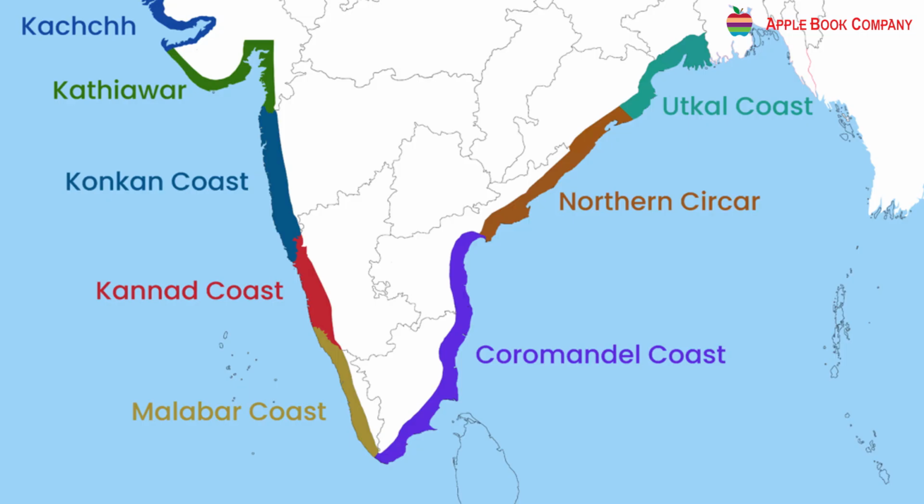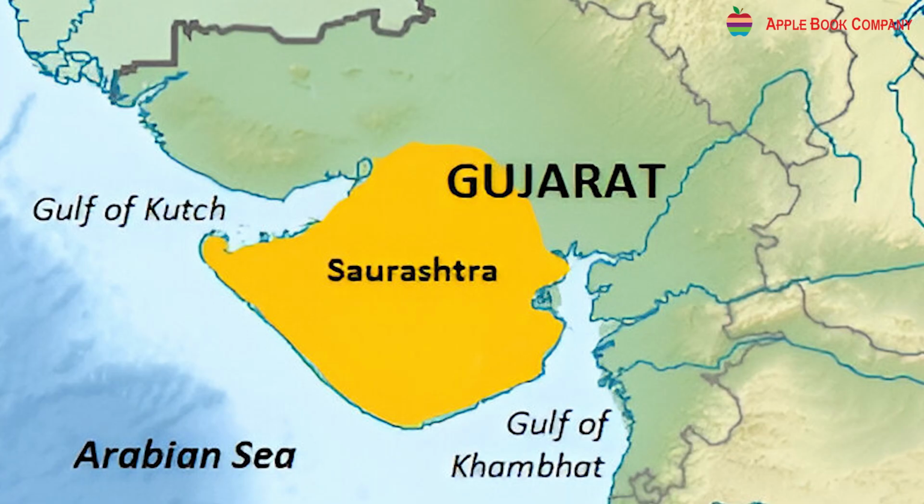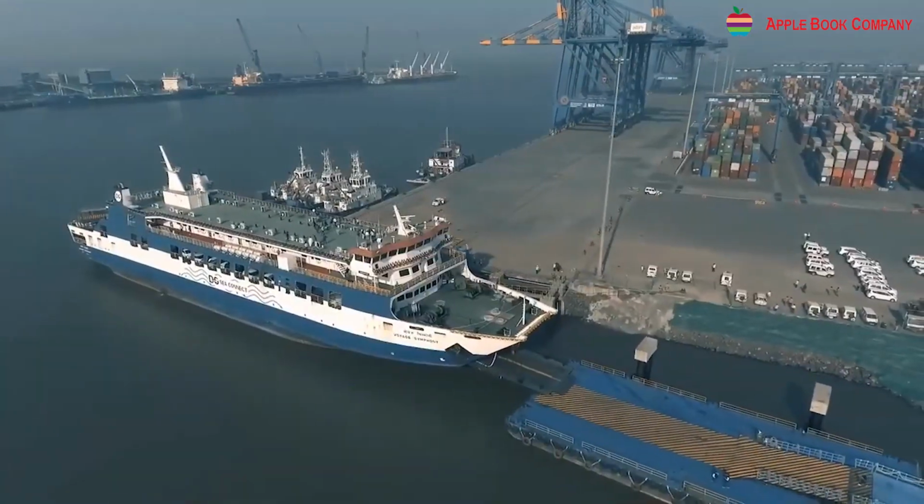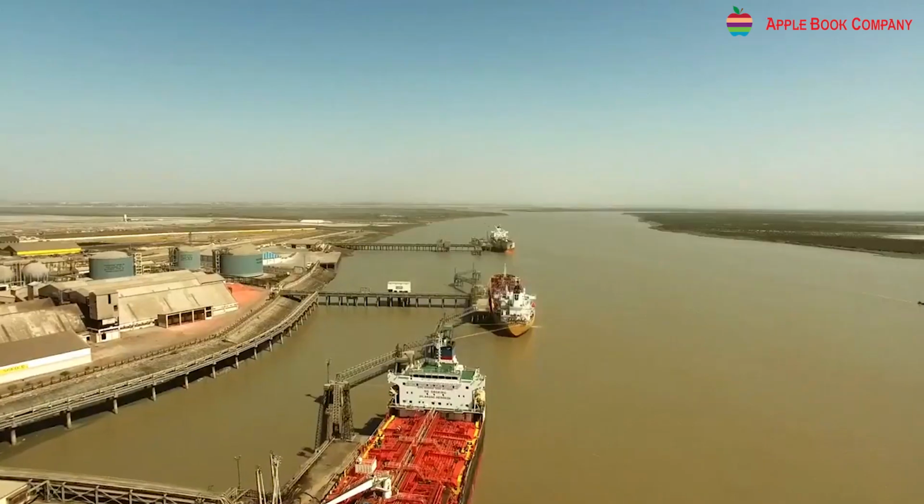The western coastal plains are wide in the north and south and narrower in the middle. The broadest parts are the Gulf of Kutch and Gulf of Khambhat in Gujarat. The indented coastline is ideal for harbors and ports.